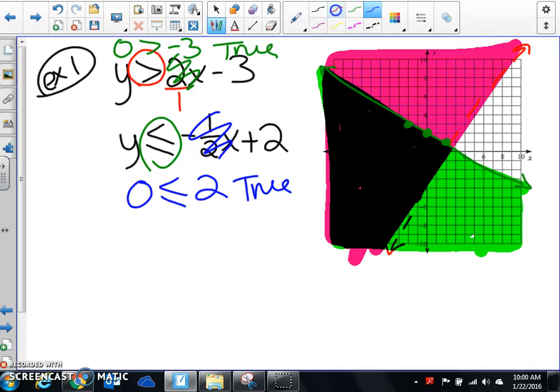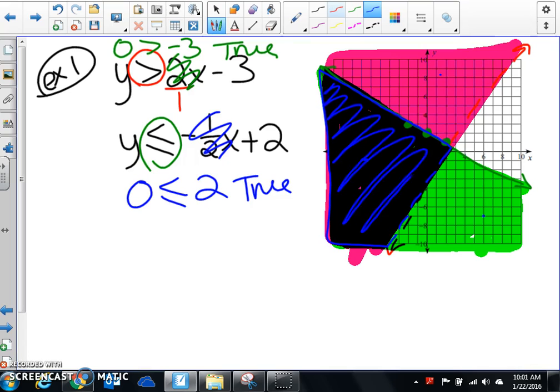Your solution is this black area. The green is not the solution. The pink is not the solution. It's only where they mix. So go back and outline your solution. Remember over here it was dashed, and all of that is going to be your solution, okay?